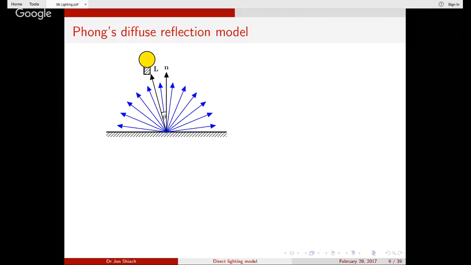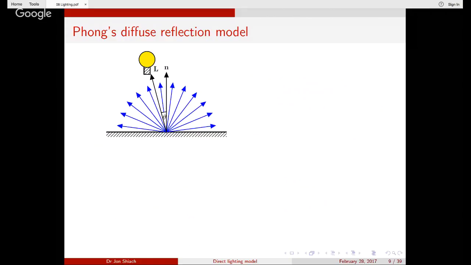You can see here there's an angle theta between the normal vector to the surface and the light vector. The light vector is a vector going from the surface to the light source. Phong suggested L for the label of the lighting vector, which is obvious. These blue vectors show that the light is scattered equally in all directions. The blue vectors are your light being scattered.